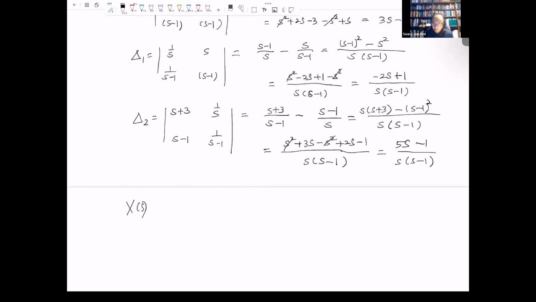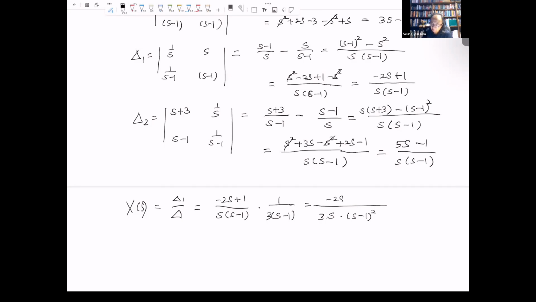Then X of s equals Δ1 over Δ: negative 2s plus 1 over s minus 1, and 1 over Δ, 1 over 3 times (s minus 1), so (s minus 1) squared for the denominator.